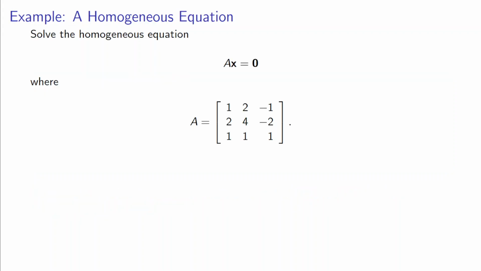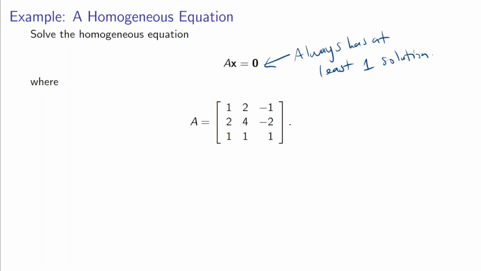So suppose we have this 3 by 3 matrix here, 1, 2, -1, 2, 4, -2, 1, 1, 1, and we want to consider the equation AX equals 0. First of all, I want to point out that this particular equation always has at least one solution.